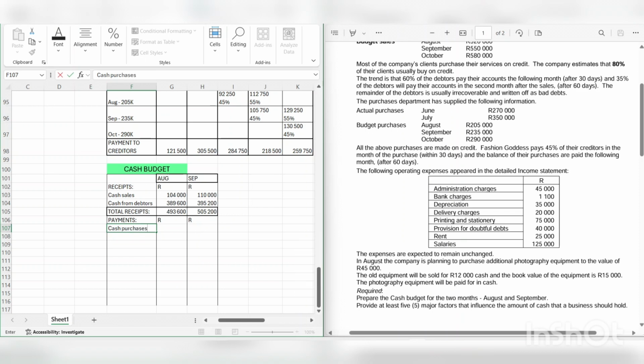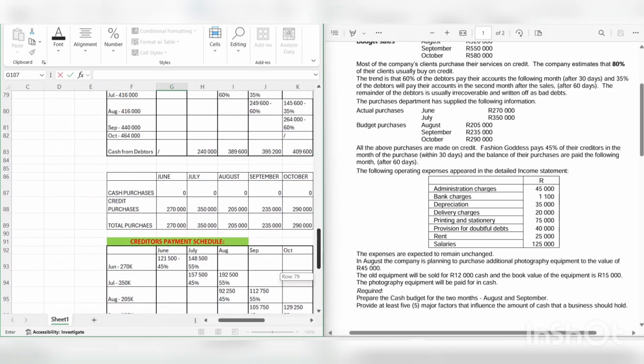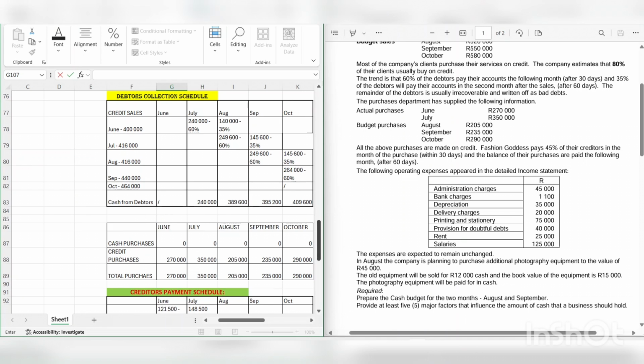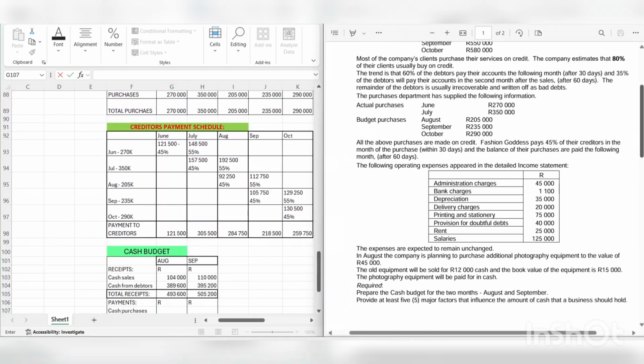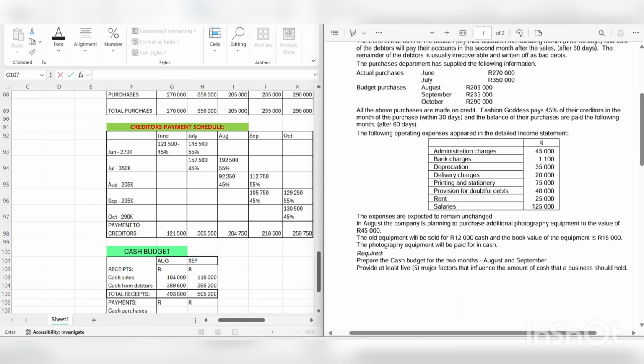So for cash purchases, if we go up here, there were no cash purchases made. That was given. However, if we look at our additional information, it says in August the company is planning to buy additional photography equipment to the value of 45,000, and the equipment will be paid for in cash.